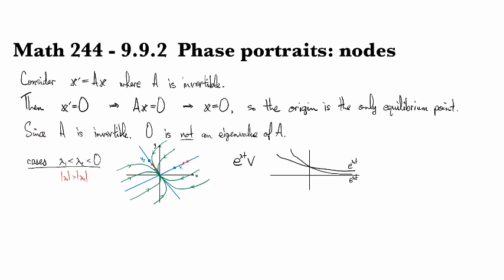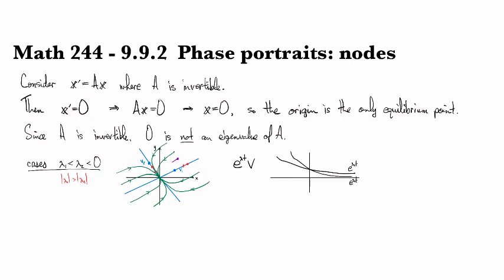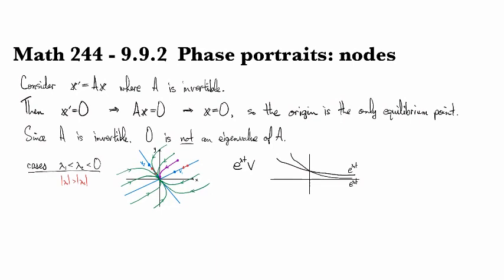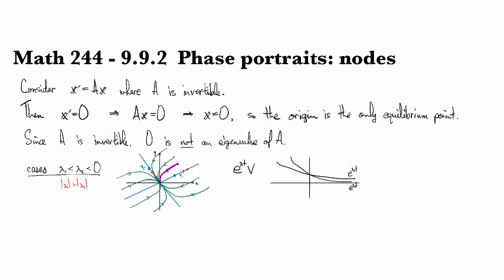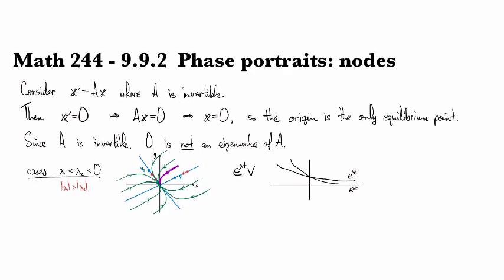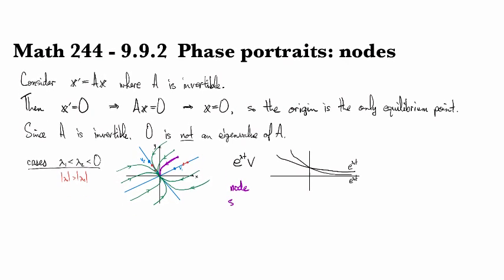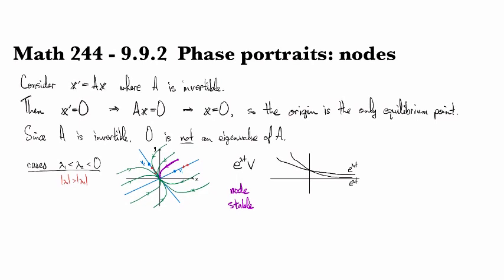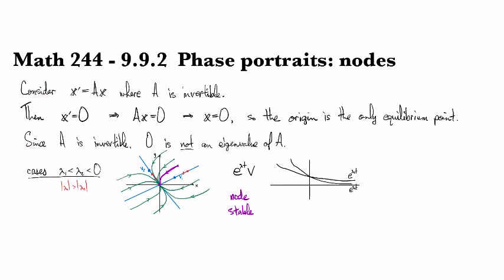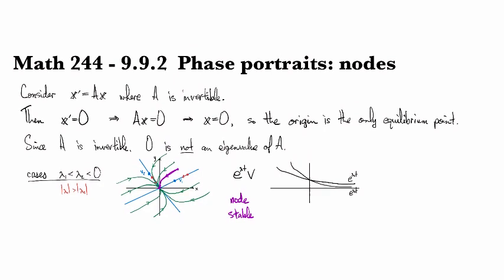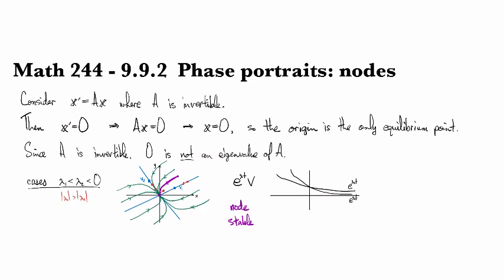One thing you can see is that no matter where you begin, you're going to get sucked in to the origin. So in this case, we say that the origin is a node, and we say that it's stable. Stable means that if we start from some point nearby, like out here, we get sucked back in to that equilibrium.